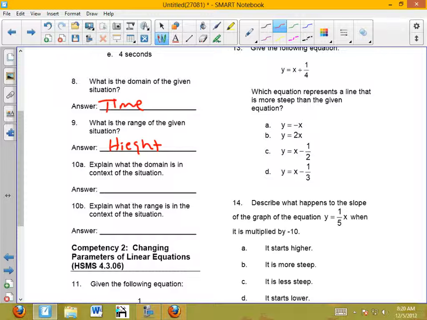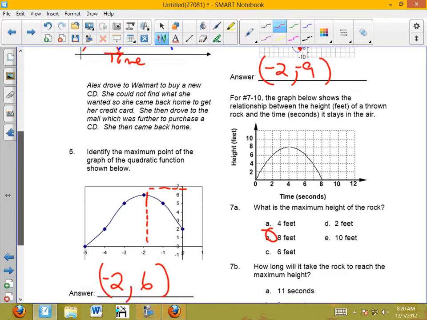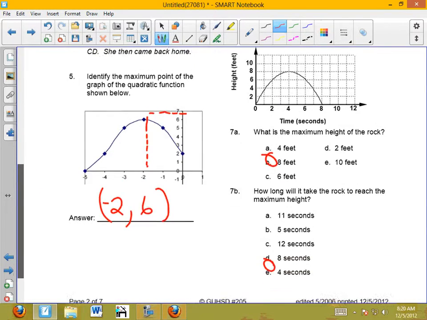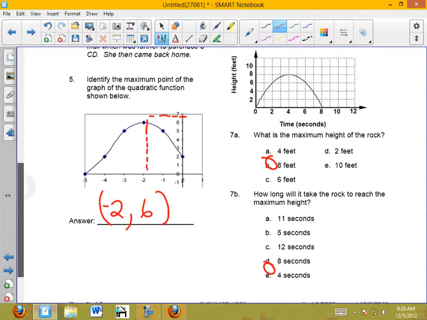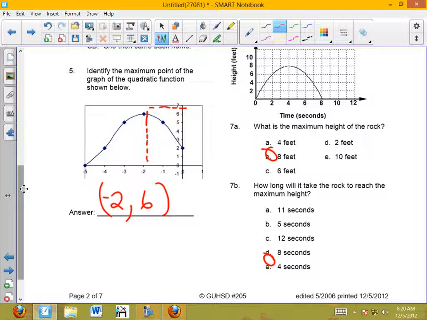In context, it is time the rock is in the air. Right? Because we know we're talking about a rock because it says the maximum height of the rock. This is a rock being thrown or flung into the air.